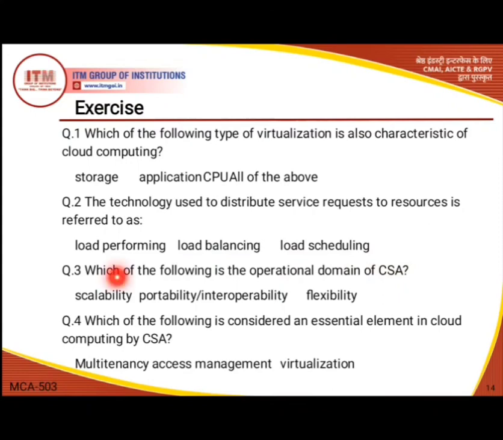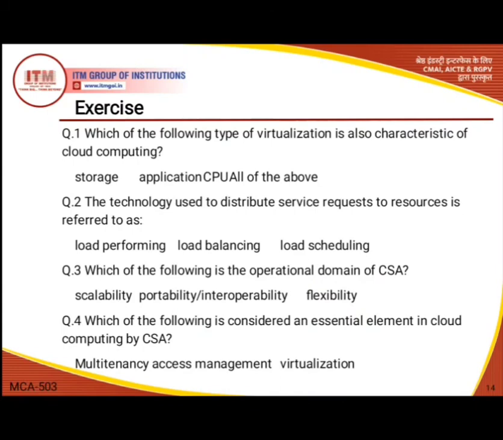Next one is, which of the following is the operational domain of CSA? Here CSA is what? Cloud Security Alliance. Okay, and here you have to choose the option between scalability, portability, and interoperability, and flexibility.